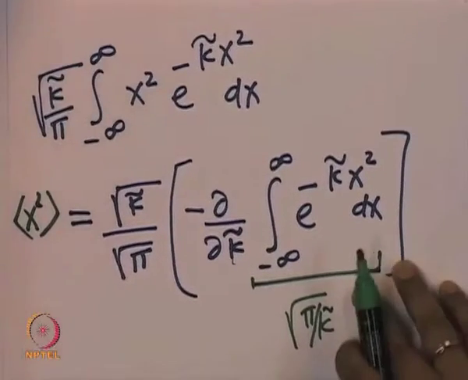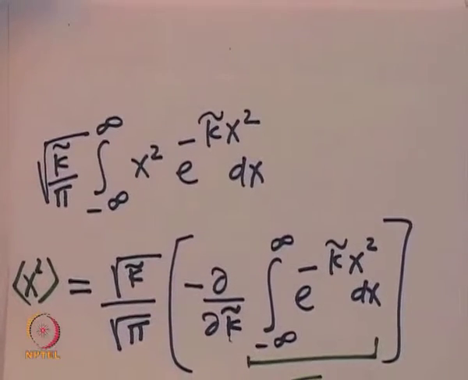So, let us do this slowly. This is very simple algebra, nothing complicated.